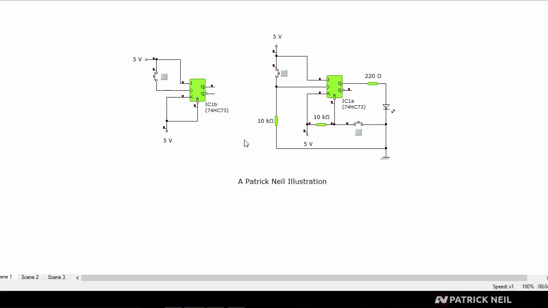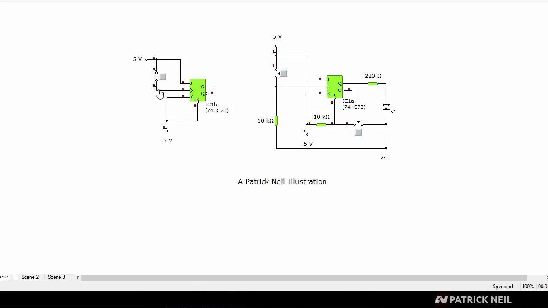Okay, and to prove that, I would have to actually modify the circuit so I could have a normally high input. Okay, I've changed the circuit to prove the point. I changed the switch to a normally closed switch so we could have normally high going to the clock input.